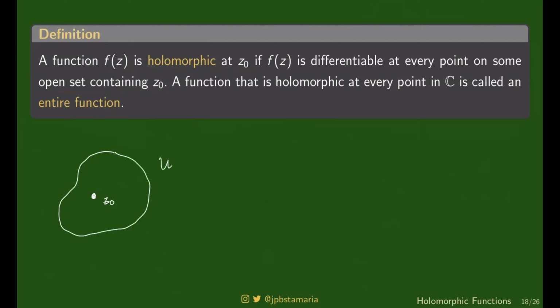That being open, meaning may isa pang open disk around it, no? Magkakasya dyan. Sabihin, maluwag. Maluwag yung set mo. Hindi siya makitid. Okay? So, in other words, hindi ka lang sa z0 differentiable. Differentiable ka pa at points surrounding z0. If this open set can be proved to exist, then it is holomorphic at z0.